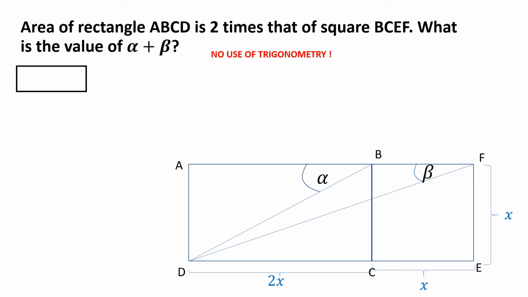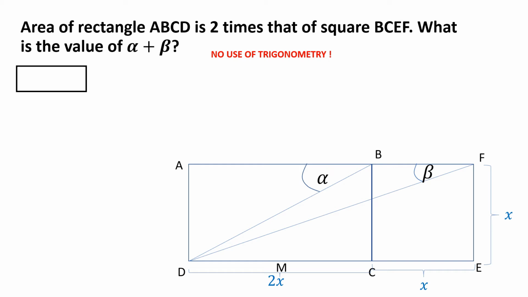We start with some construction, and this is basically key to figuring out this problem. So the construction that we do is we first locate the midpoint of the side DC. And from that midpoint, we draw a line parallel to the sides AD, BC. Let's call that midpoint M. So this is the midpoint of the side DC of the rectangle.